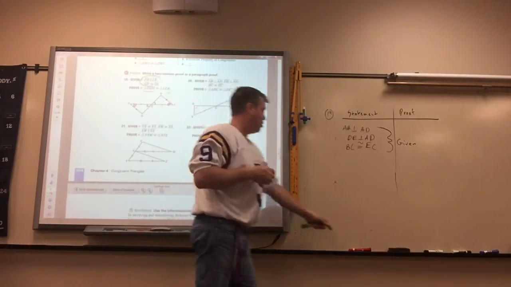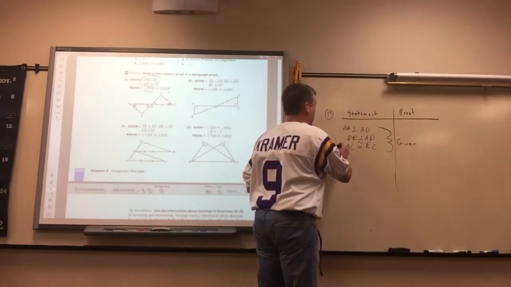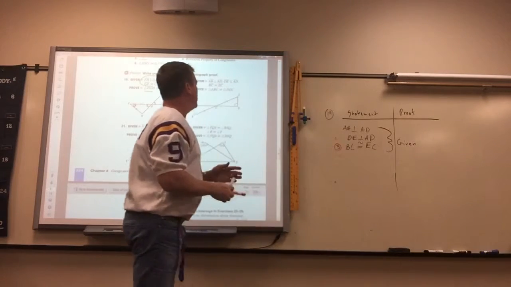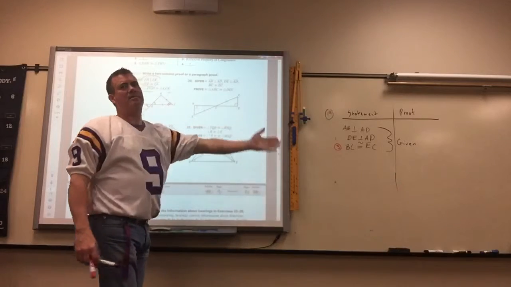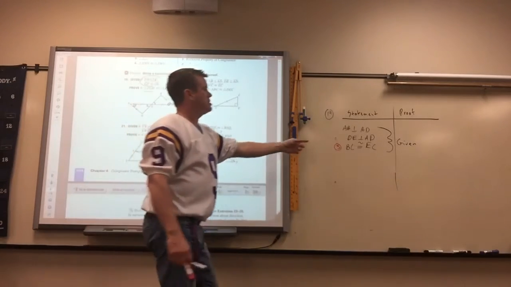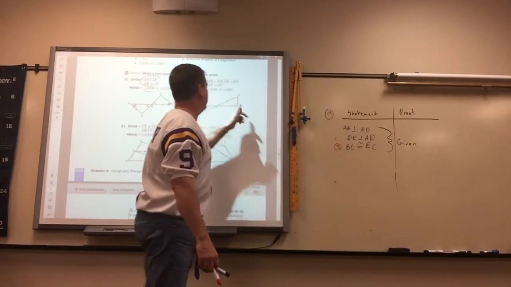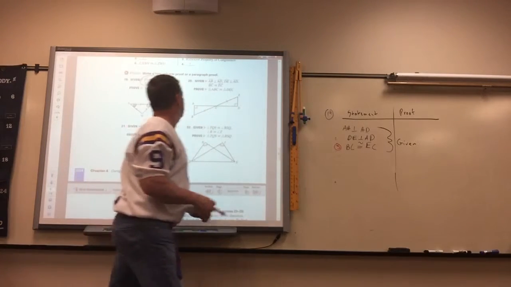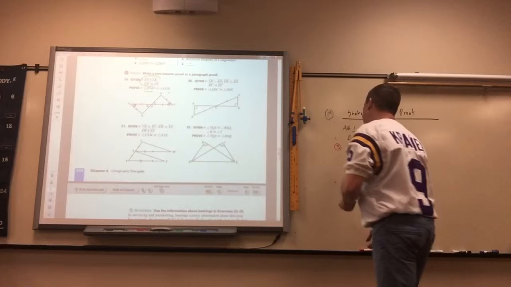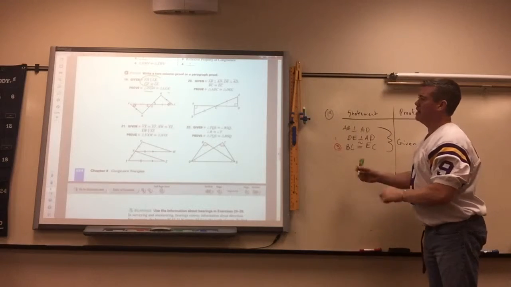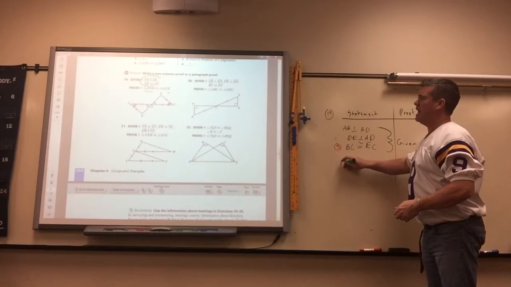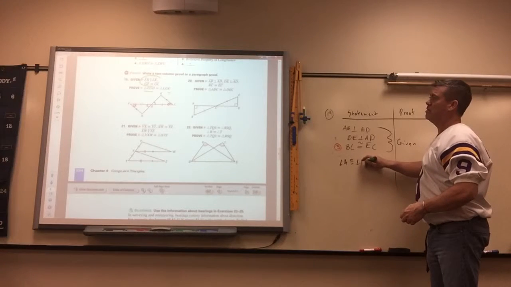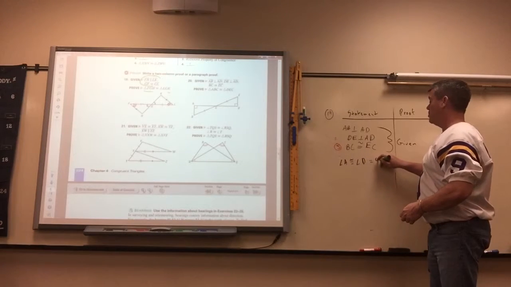So what I know right now is I only know one side. It's marked here, but it's not in my proof. Since these lines are perpendicular, that means these angles are equal, right? And you can write that a number of different ways. You could say angle A is congruent to angle D, and they both equal 90.